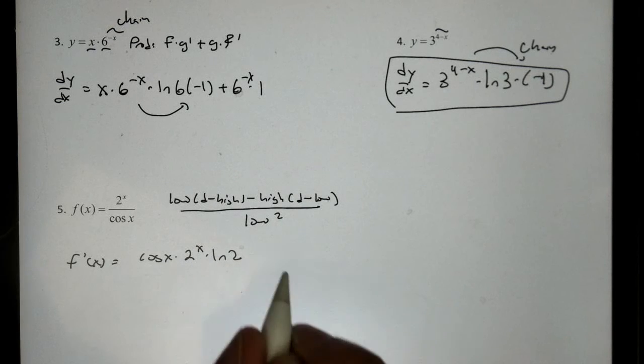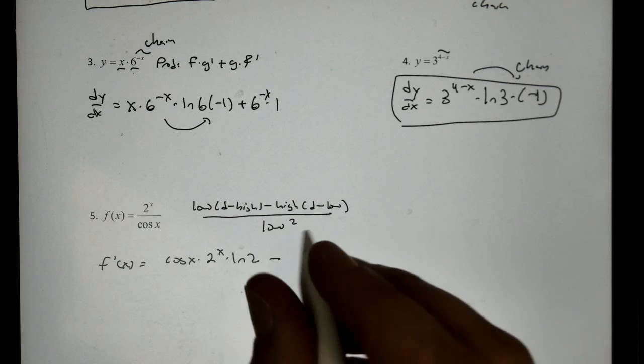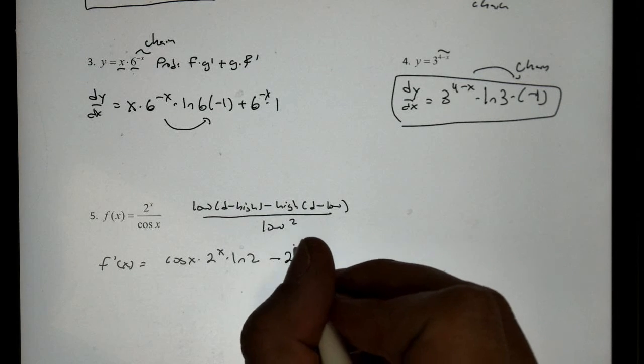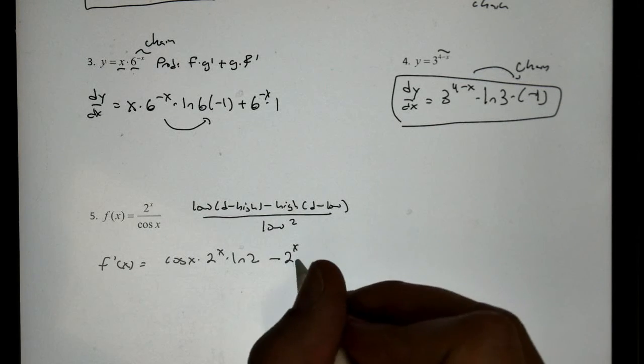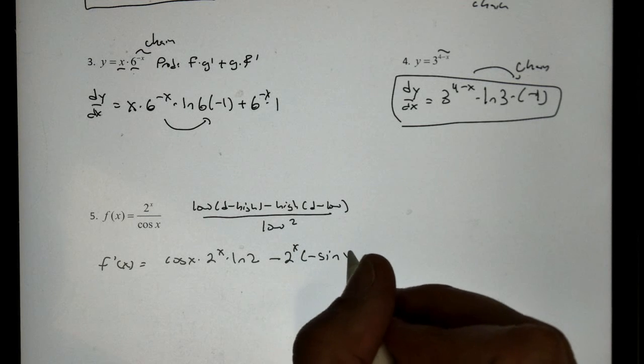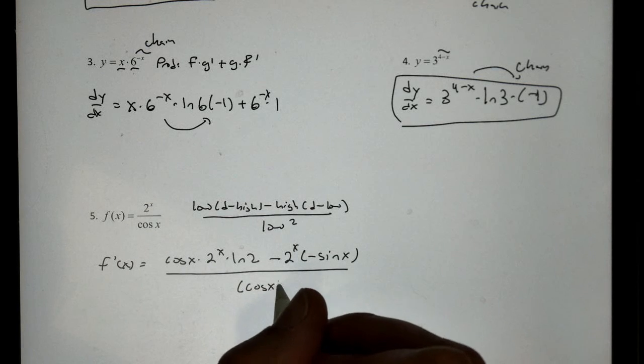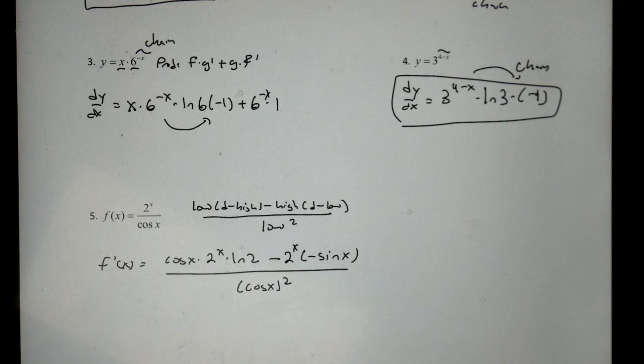There's a chain rule, but I'm just going to multiply by 1. Don't worry about that. Minus high, 2 to the x, d low, which is our negative sine of x, all over the bottom squared. Cosine squared of x. There's a derivative. Don't simplify it at all.